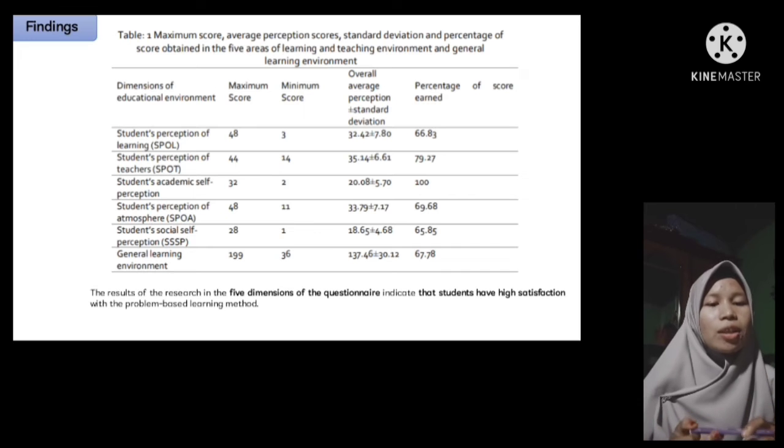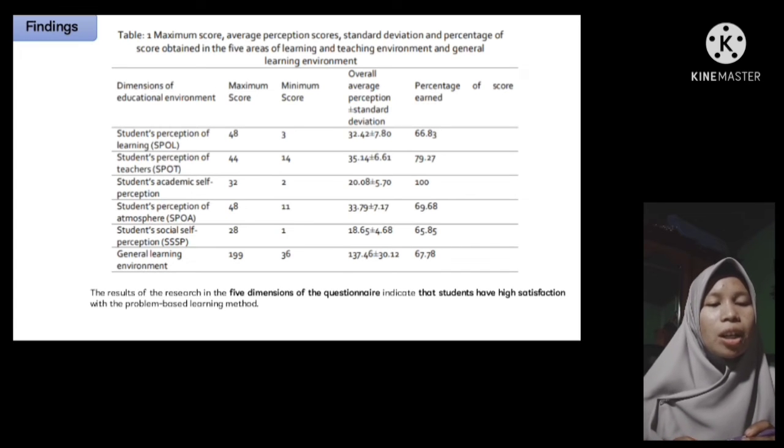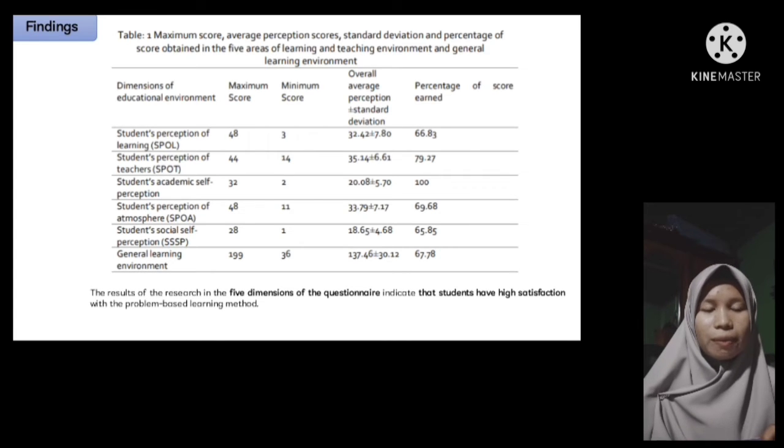According to the general score of educational 137.46, the result indicates the desired satisfaction and positive attitude of students toward the use of problem-based learning method in Islamic education course.